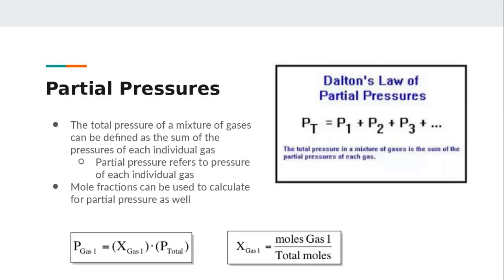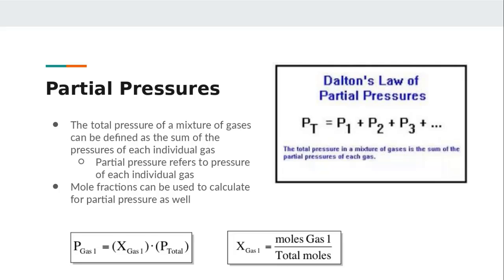All right, and one of the last things that I want to go over is partial pressure. Partial pressures basically make up the total pressure of whatever container you have. So in order to calculate the total pressure, you would add up all the partial pressures of each individual gas. You can also use mole fractions to calculate partial pressure.